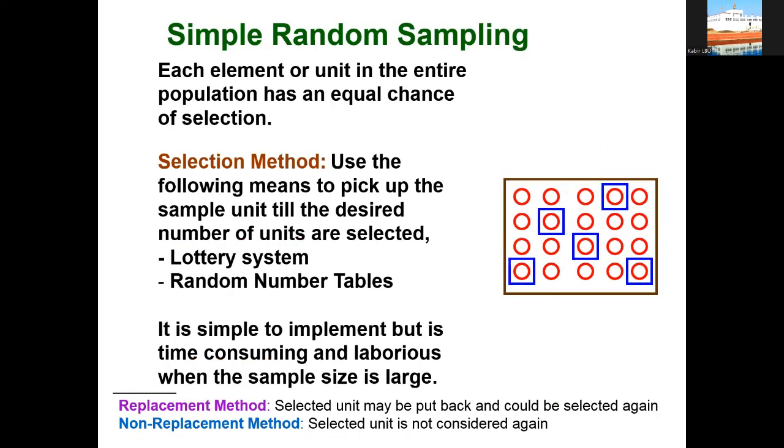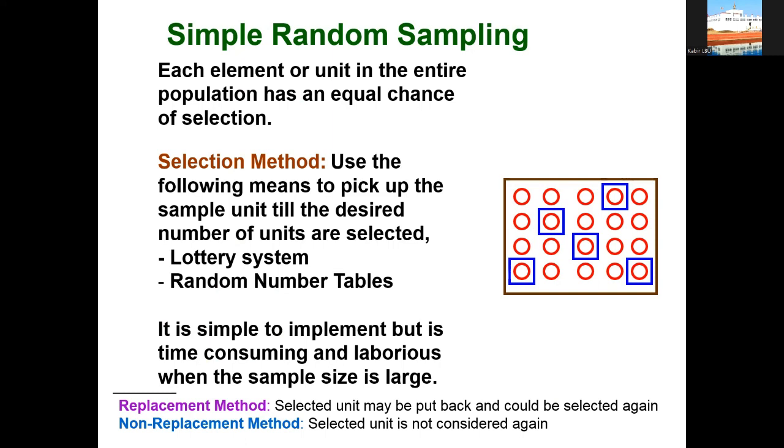Let us have simple random sampling. Here, each element or unit in the entire population has an equal chance of selection. So here, the whole population of a society or village or district has an equal chance of selection.